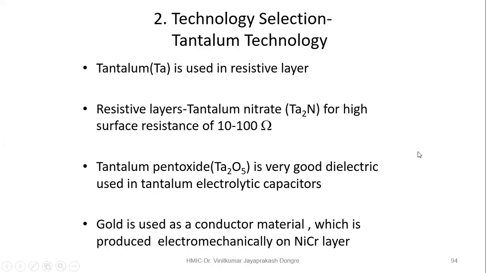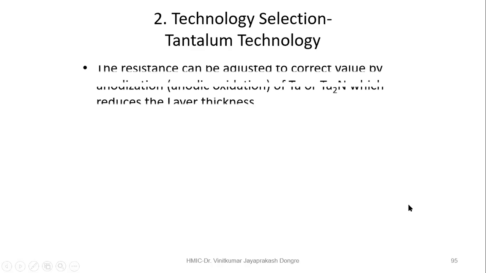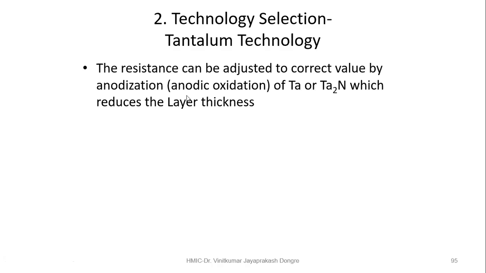And gold is mostly the default used for the conductor material, which is produced electrochemically on the NICR layer. Similarly, the resistance can be adjusted to the correct value by anodic oxidation of the titanium layer.